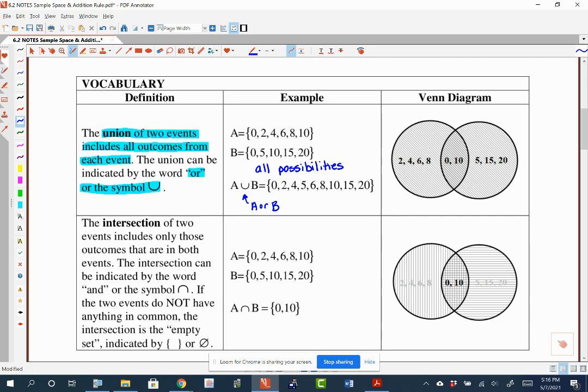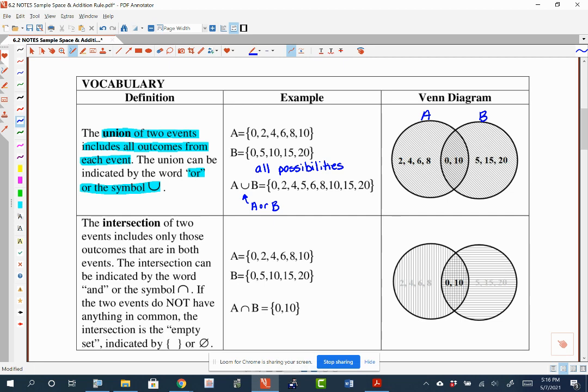So we can look at this as a Venn diagram. If we look at this first circle, we see that there's 2, 4, 6, 8, and 10, and a 0. So this is really representative of group A. Group B must be the second circle. We see our 0, our 5, our 10, 15, and 20, but we notice that there's this section here that they both have in common.